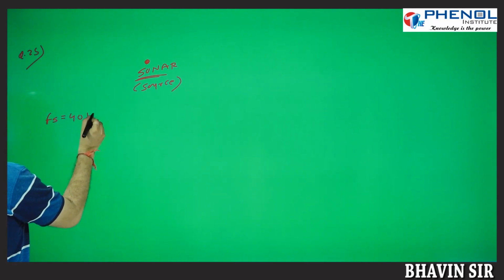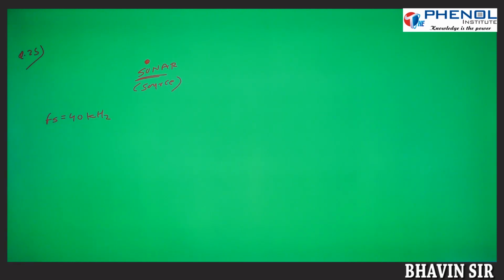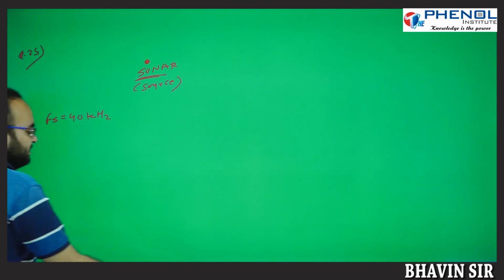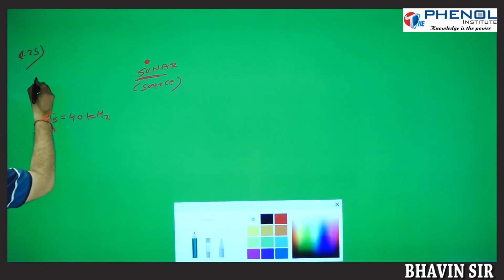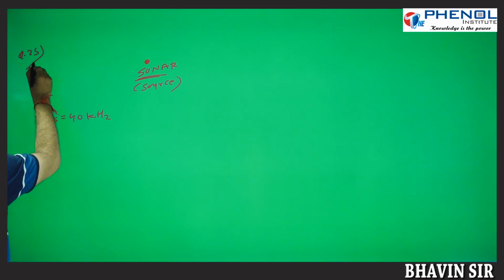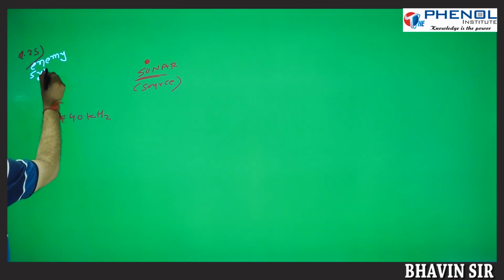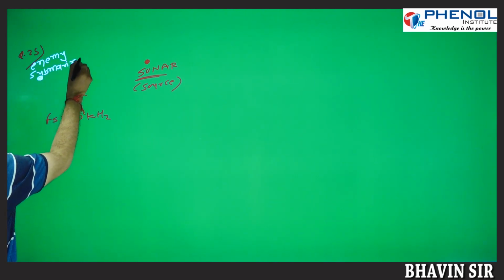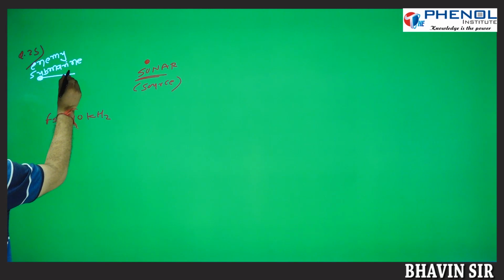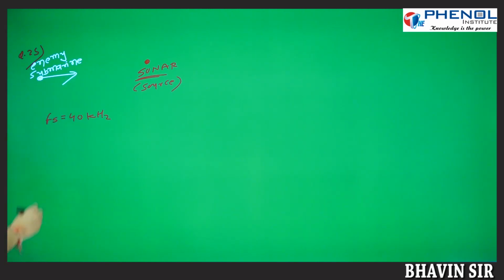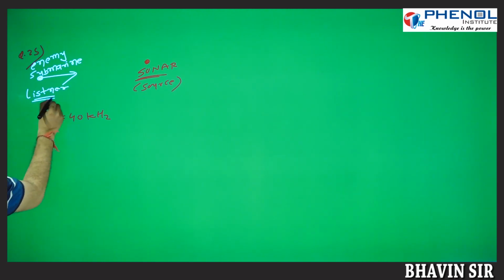40 kilohertz. Now see, one enemy submarine is moving towards sonar, meaning this sonar is placed on one submarine. Now the enemy submarine is moving towards sonar. So the enemy submarine is the listener.